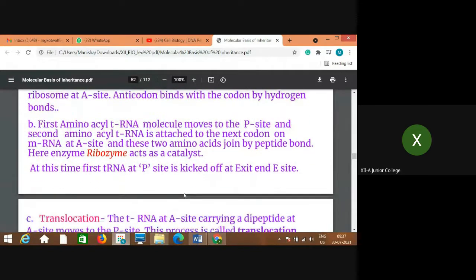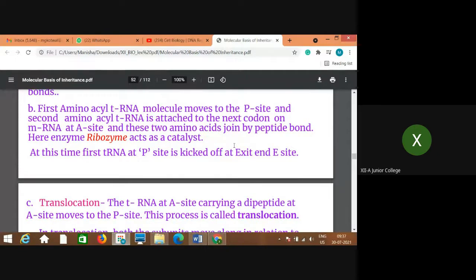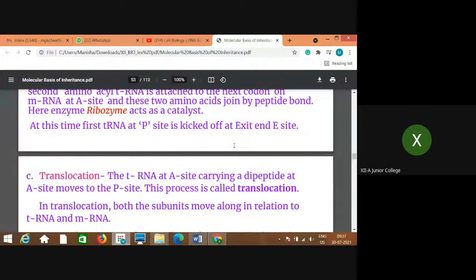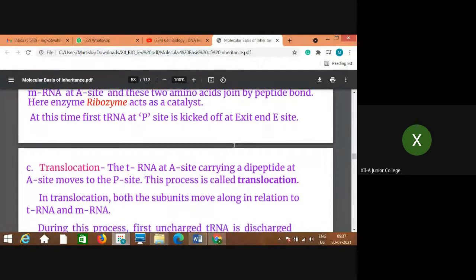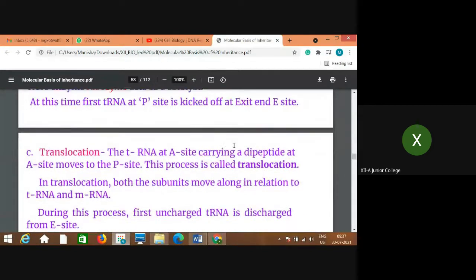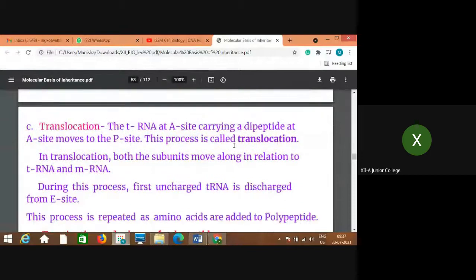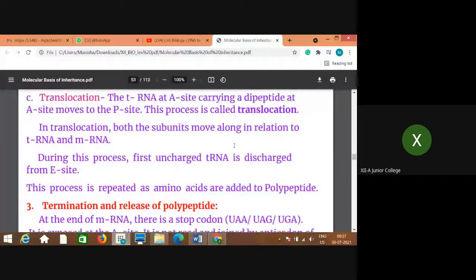The first amino acid tRNA molecule moves to the P site, and the second amino acid tRNA is attached to the next codon on mRNA at the A site, and these two amino acids join by peptide bond. Here, the enzyme ribozyme acts as a catalyst. At this time, the first tRNA at the P site is kicked off at the exit end, that is the E site. That is elongation. And as the ribosome is moved by one codon, this is translocation.